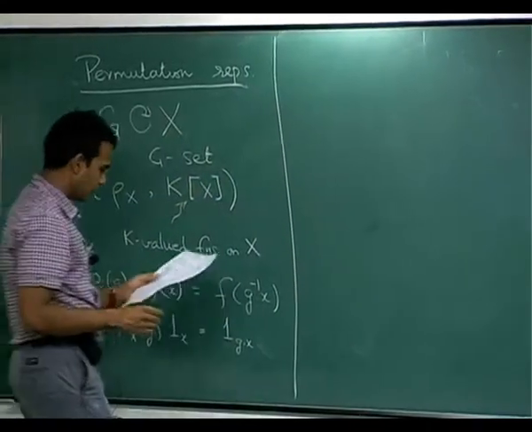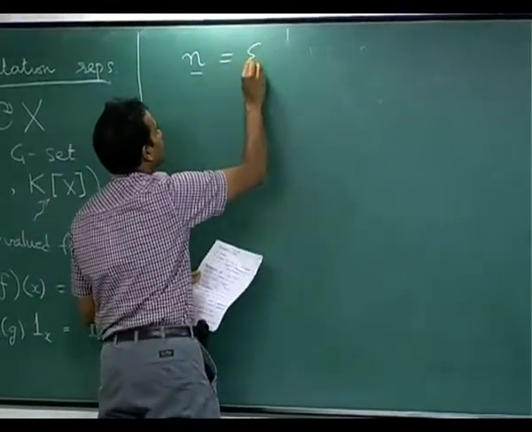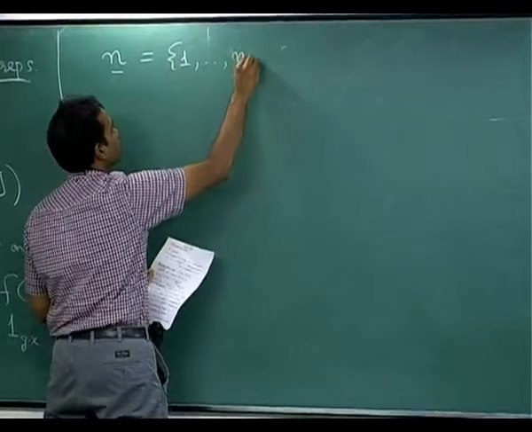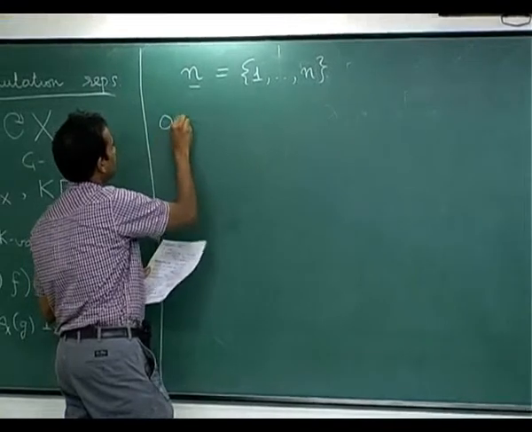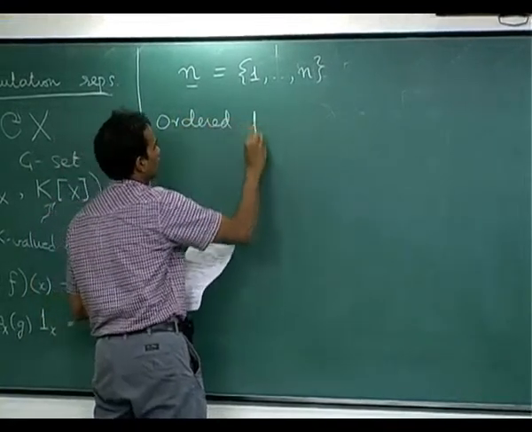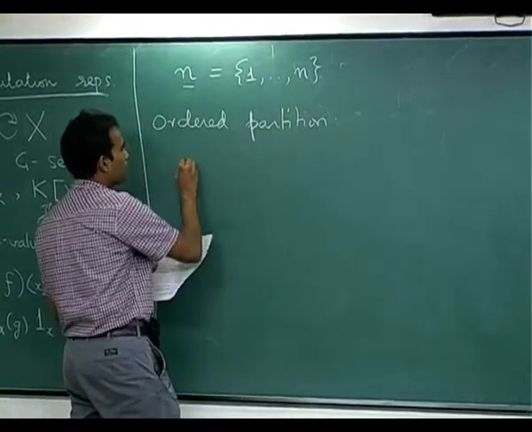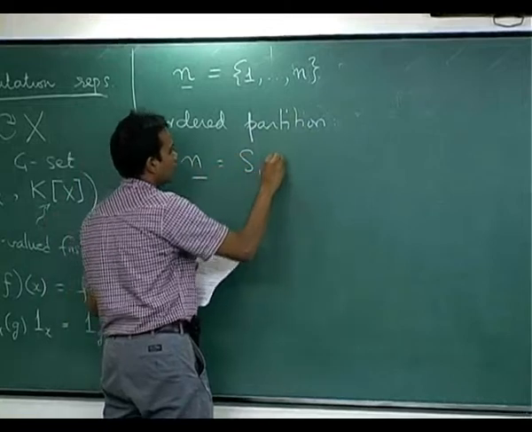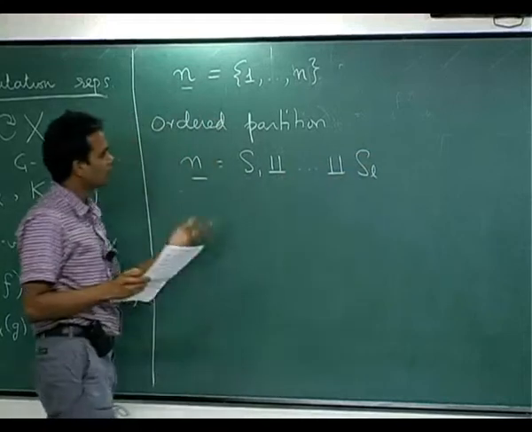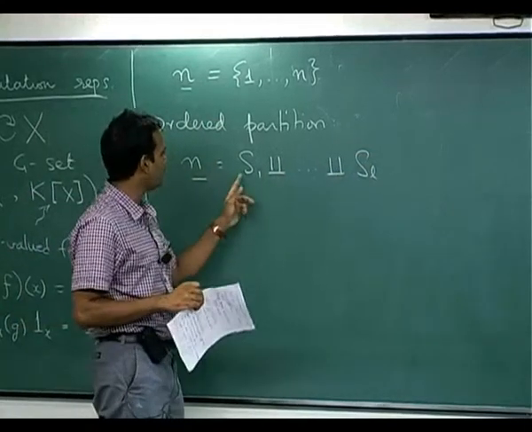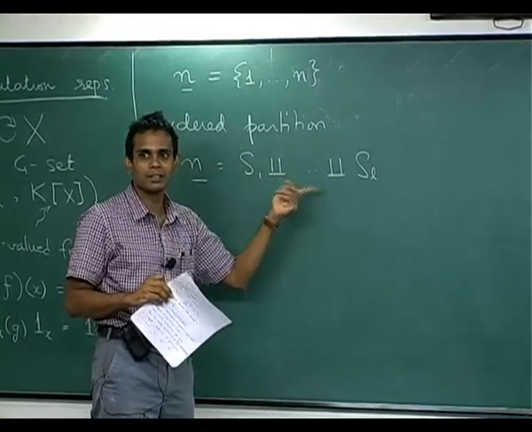So the examples that we'll be looking at are the following. Let's denote by underline n the set of the first n natural numbers. Then an ordered partition is a collection of subsets S_1 union up to S_L, which partitions n. When I say ordered, I just mean that keeping track of which is the first subset and which is the second subset and so on is important.